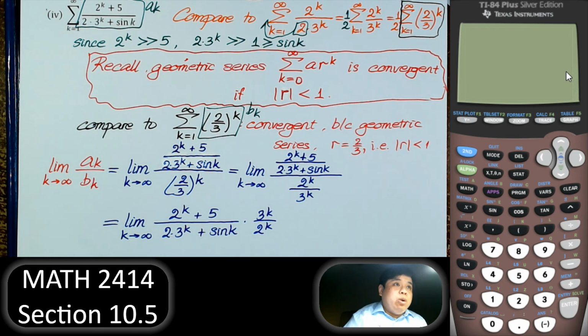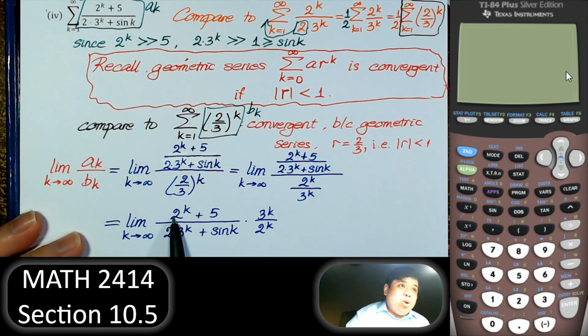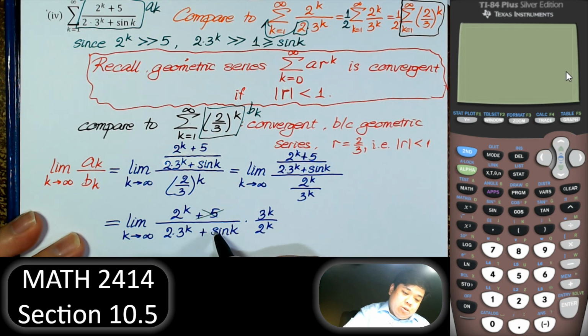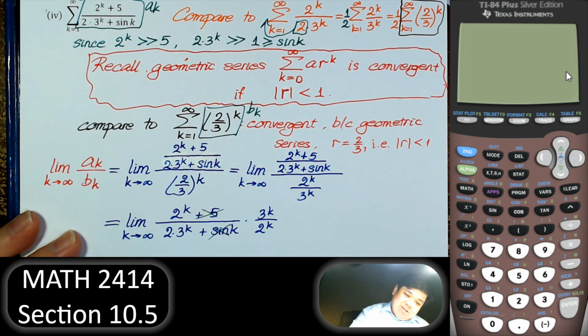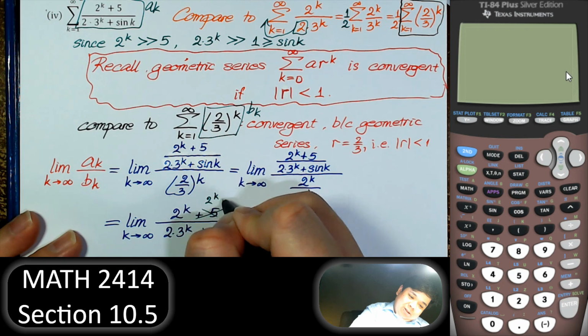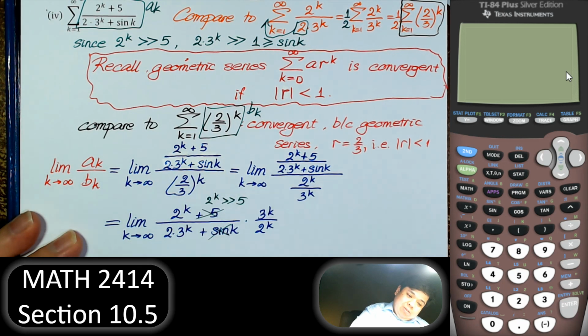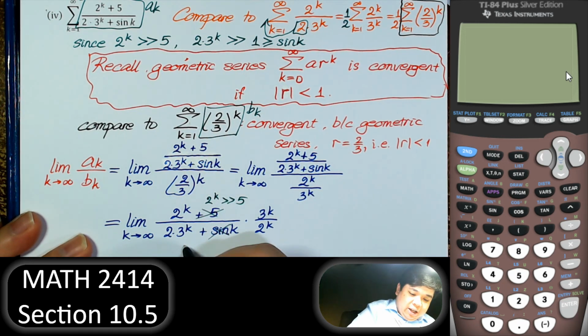However, just like what we did before, 2 to the k is too big compared to 5, so 5 is negligible. So that's a lot bigger than 5. And 2 times 3 to the k is a lot bigger than sine k.